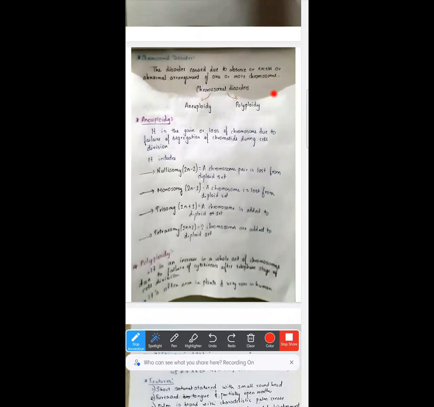Chromosomal disorders are of two types, aneuploidy and polyploidy. Aneuploidy is the gain or loss of a chromosome due to failure of segregation of chromatids during cell division.